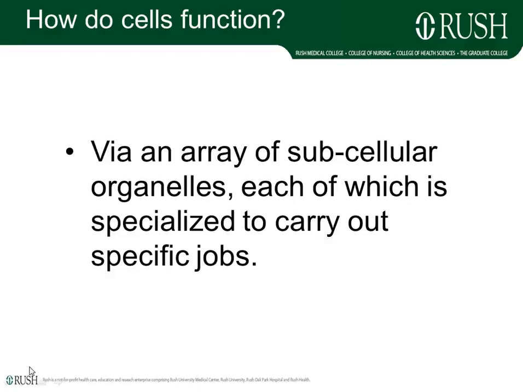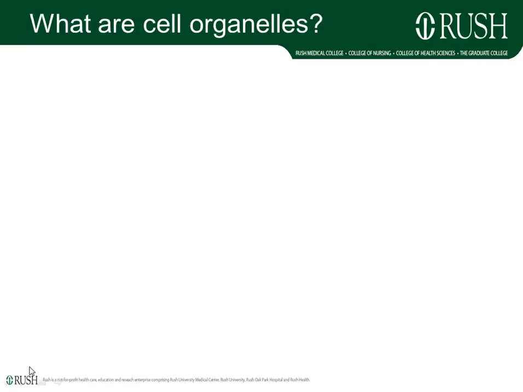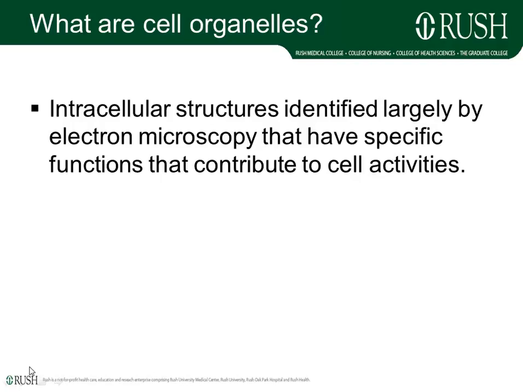So how do cells function normally? They utilize a number of subcellular structures called organelles, each of which has specializations that carry out specific functions. What are the cell organelles? They are intracellular structures which may or may not be membrane bound, right?